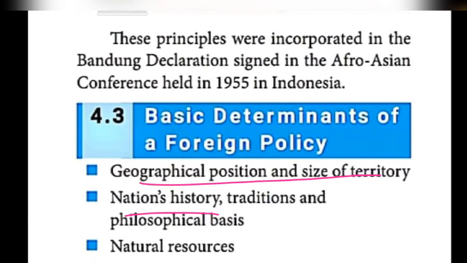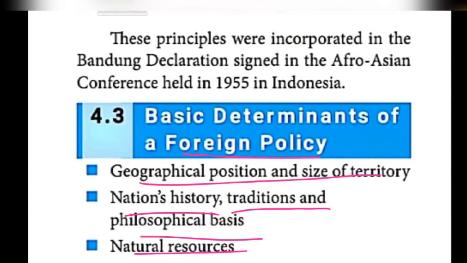It determines the foreign policy; traditions as well as the philosophical basis also fix the foreign policy. The next one, natural resources of a country also fix the foreign policy of a particular country.